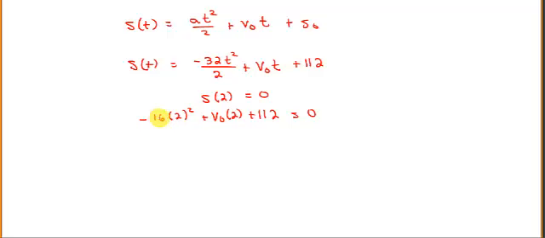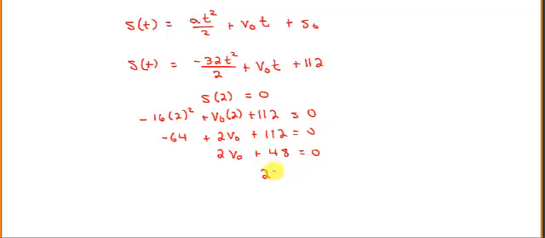And that'd be negative 16 times 4, which is negative 64, plus 2v0 plus 112 is equal to 0. Combining the negative 64 and 112, 112 minus 64 is 48. So we'd have 2v0 plus 48 is equal to 0.